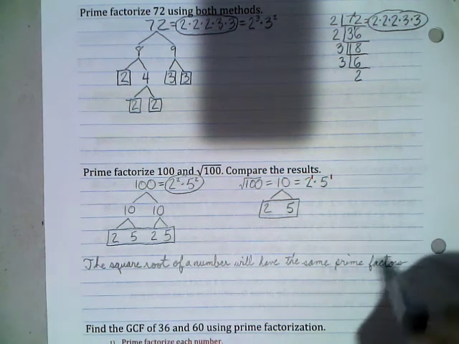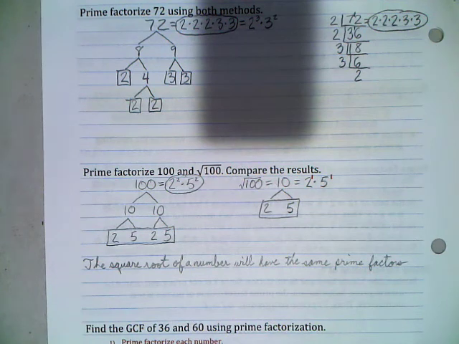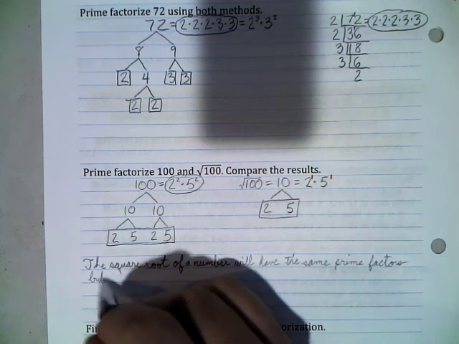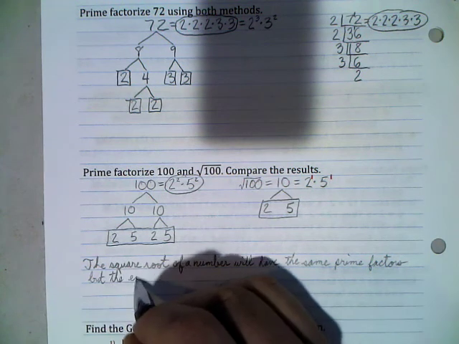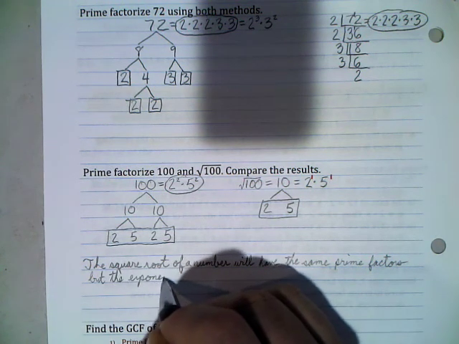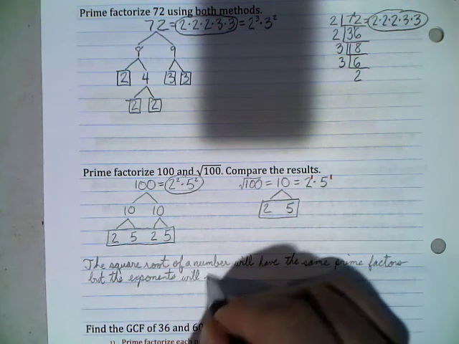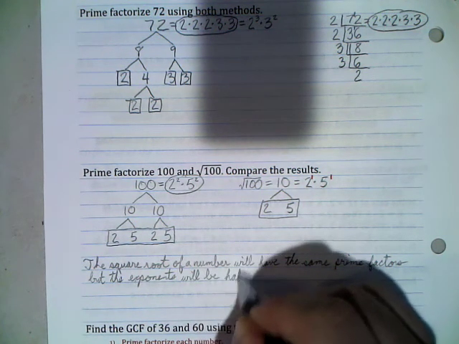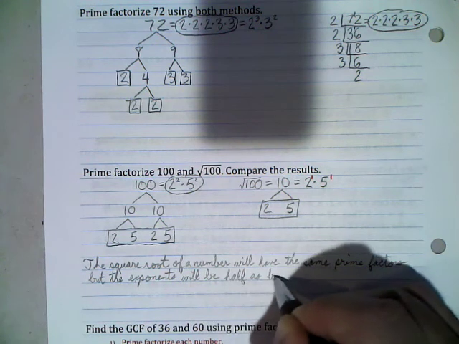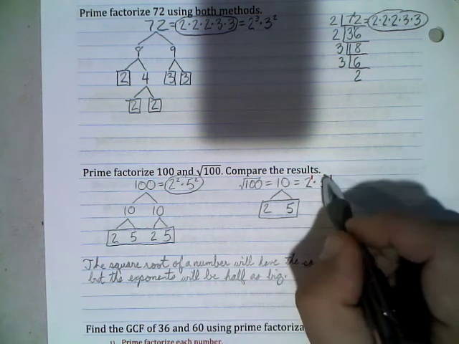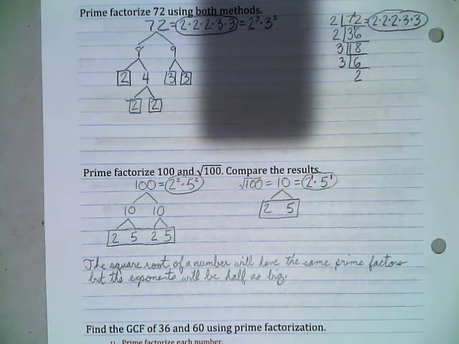So they both have a 2 and a 5. Will have the same prime factors, but the exponents will be half as big. And I forgot to circle my answer there. There we go.